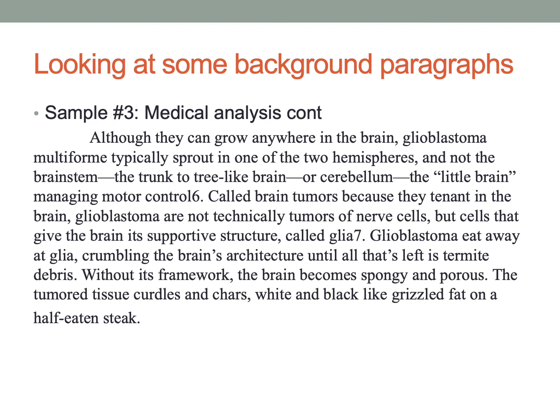So a little bit of its architecture. And notice the last sentence, the tumor tissue curdles and chars while the black, like the grizzled fat on a half-eaten steak. So they're giving very much visual imagery for this non-specialist audience.